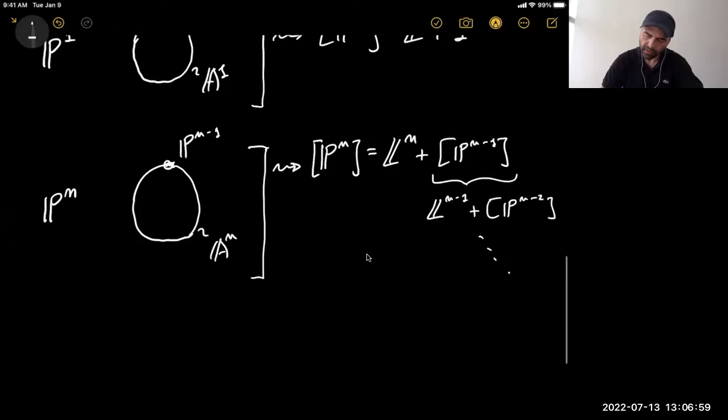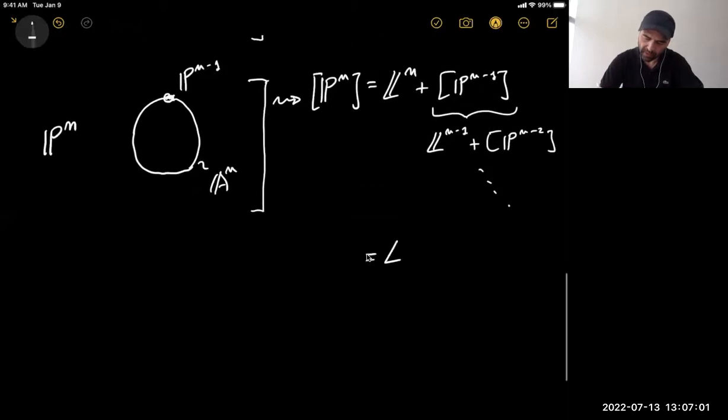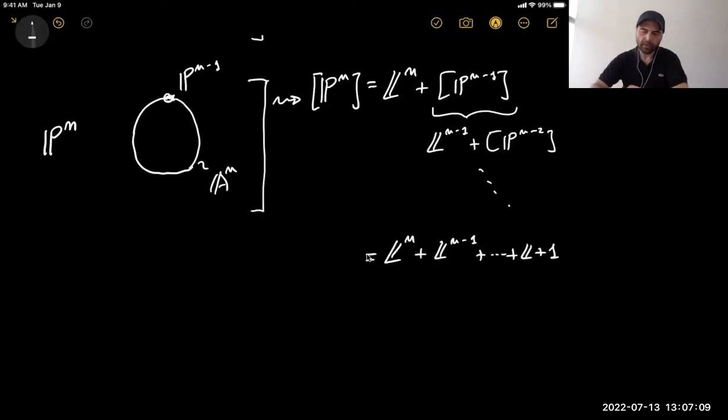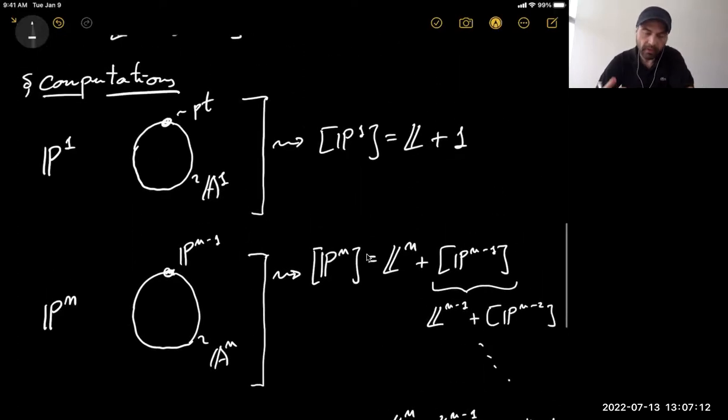You continue, and at the very end you conclude that this class is L^n plus L^(n-1), etcetera, until L plus 1. So you see that it doesn't matter how things are glued together. What really matters is the pieces that we are using to do that.